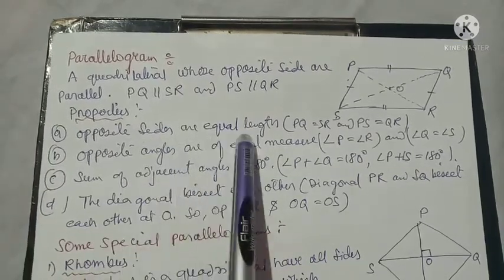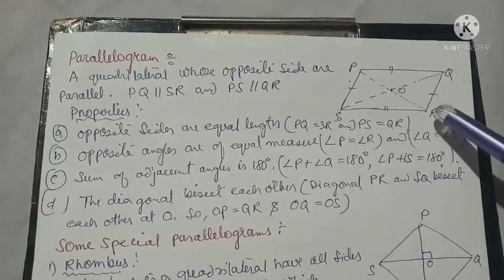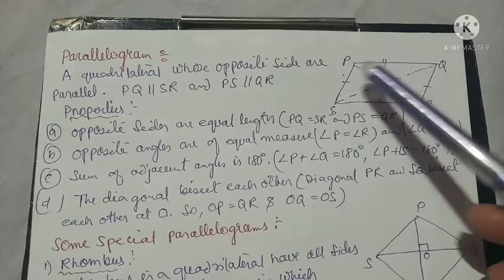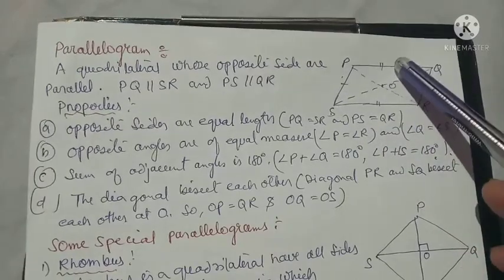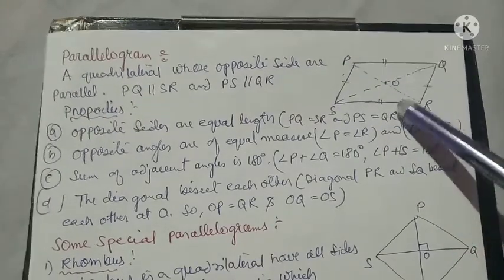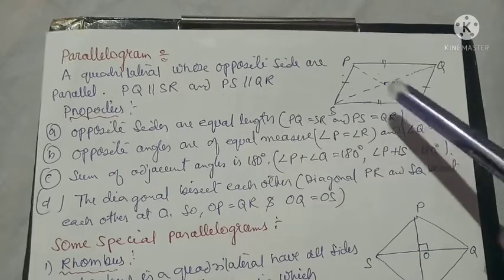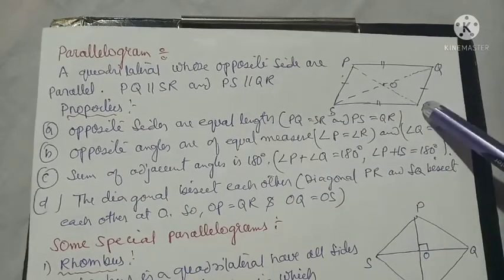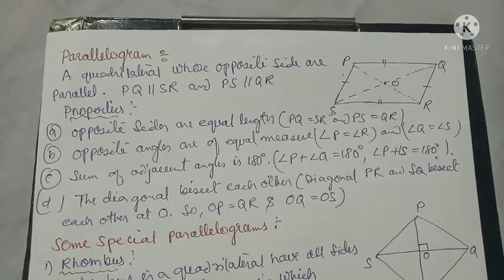Opposite sides are equal in length. If PQ is 4 centimeters, then RS should also be 4 centimeters, and if PS is 3 centimeters, then the corresponding QR should also be 3 centimeters. The lengths should be equal.